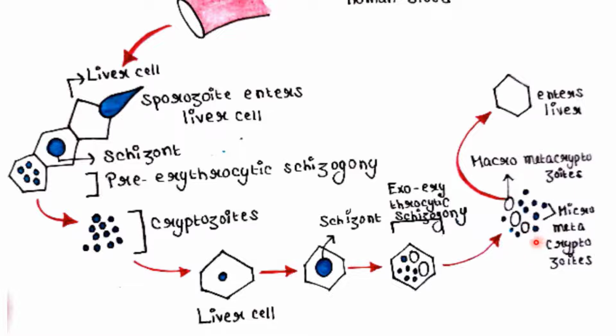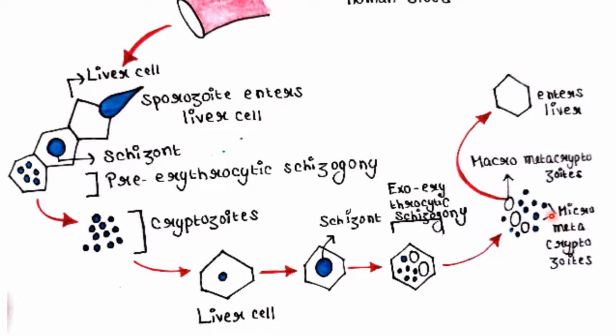This phase of asexual reproduction is called exoerythrocytic schizogony. Now, these metacryptozoites are of two types, micrometacryptozoites and macrometacryptozoites. Micrometacryptozoites are numerous. So, these small dots are micrometacryptozoites.